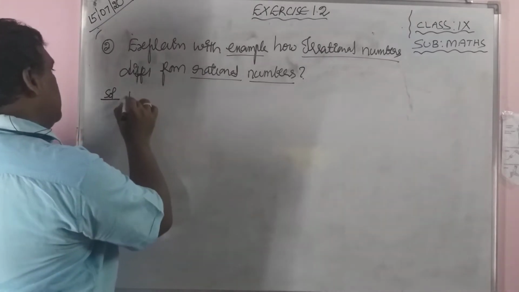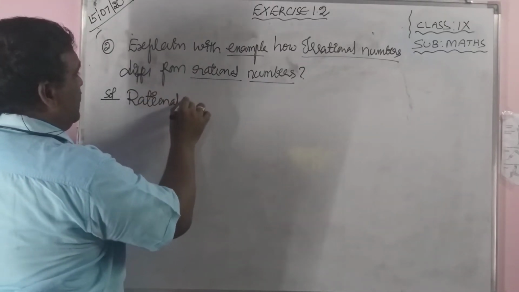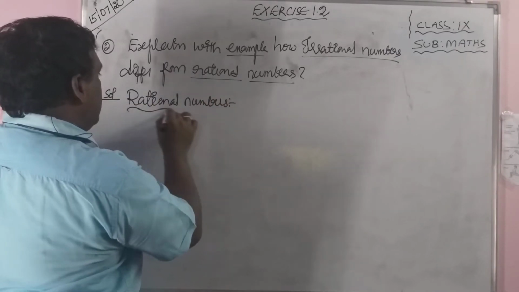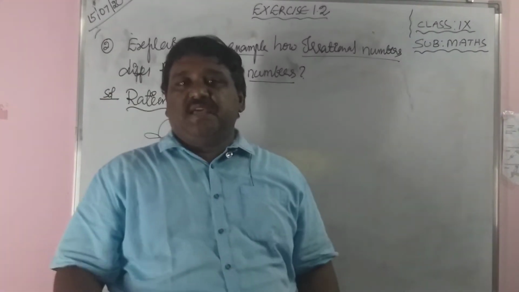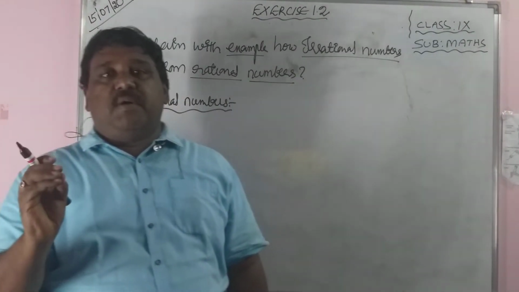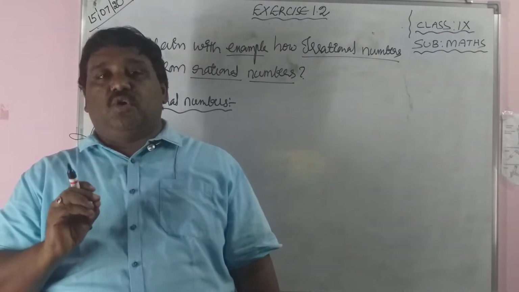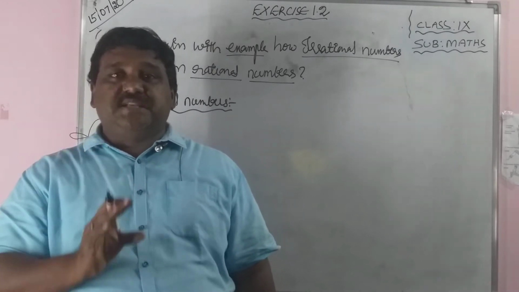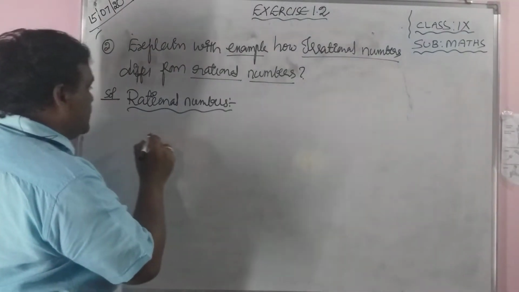First one, rational numbers. Keep heading: rational numbers. Side heading: write the definition of rational numbers. What is the definition?